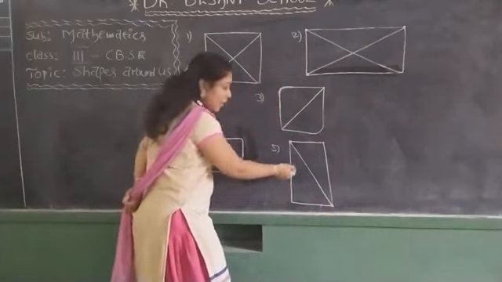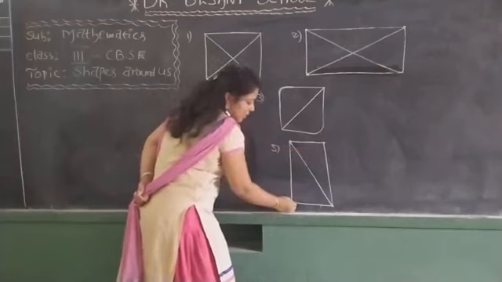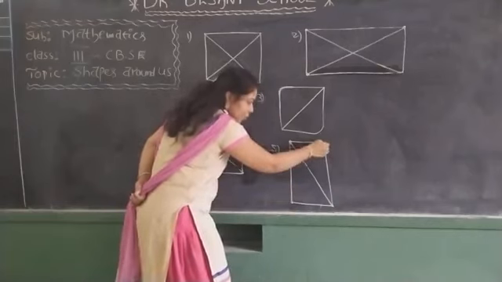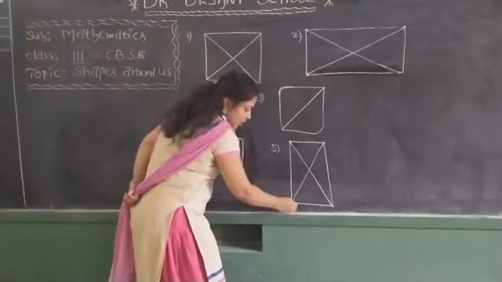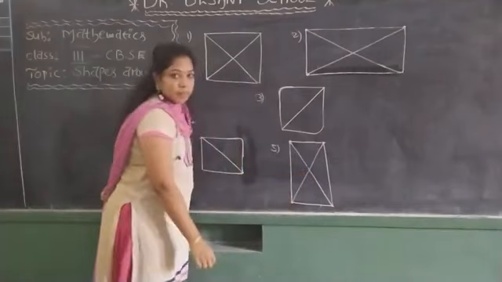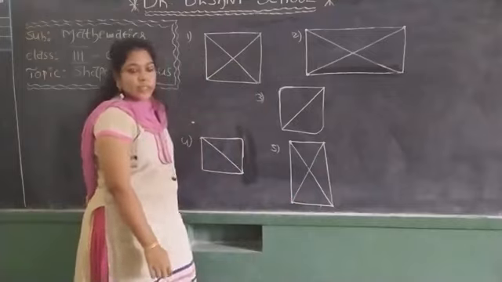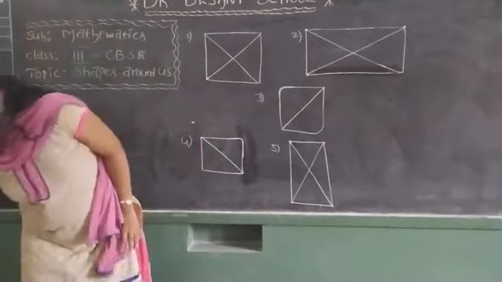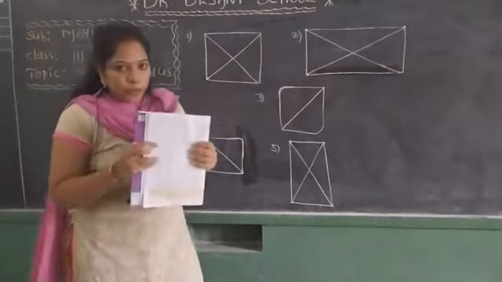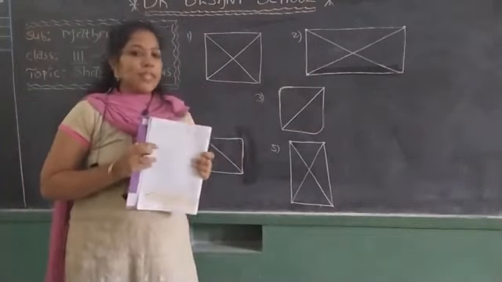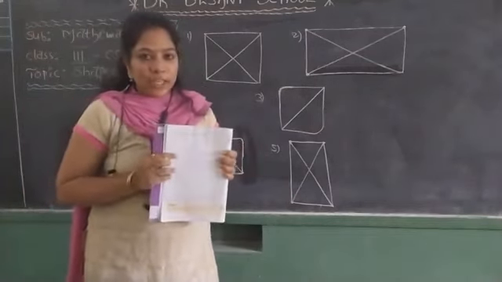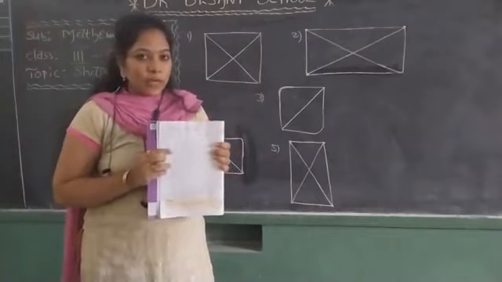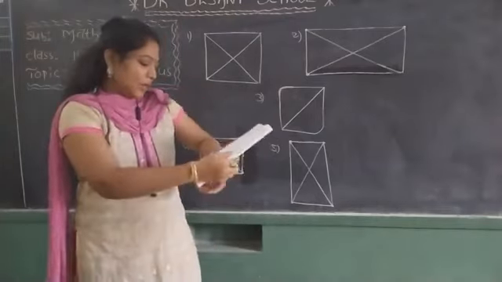We can draw. Why? Because these two are also vertices. Means by connecting these two opposite vertices we can draw the diagonal. Understand, children? Are you getting my point? Yeah. Now if you want to draw in your book, pause the video and draw neatly, clearly. Okay, children? Now, see up to here.